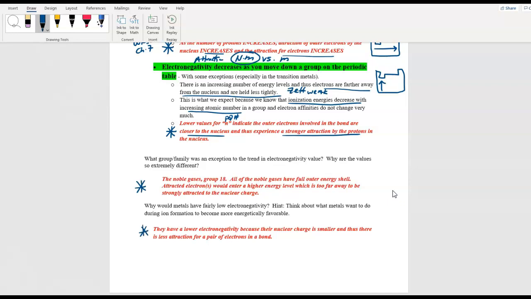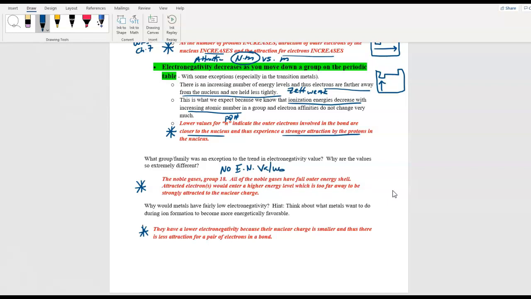Why are there certain groups that have low numbers versus high values? So what group or family, with an exception to the trend of electronegativity values, why are the values so extremely different? Well, noble gases, you're going to see in just a second, they don't even have any electronegativity values. They don't want electrons.